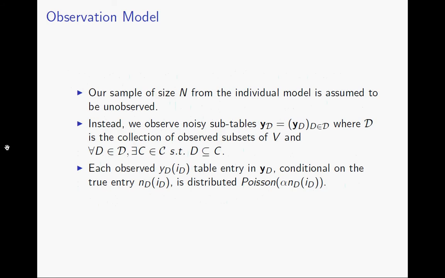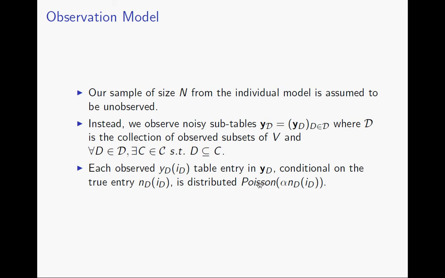Now our observation model is as follows. Suppose we have our sample of size n from the individual model, and it's assumed to be unobserved, just like in the real world. Instead, we observe noisy subtables, which we call y_D, the vector of all possible tables y_D in the collection of observed subsets of V. So we observe some sets of nodes, and for all possible observed subsets D, there's always a max clique such that D is a subset of the max clique.